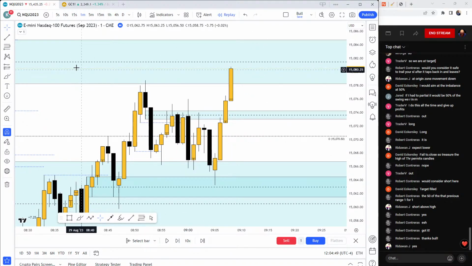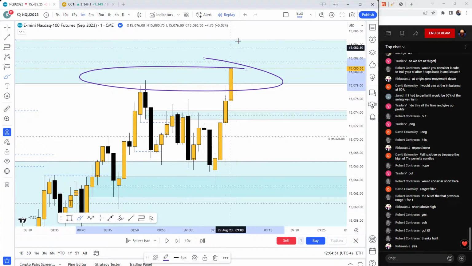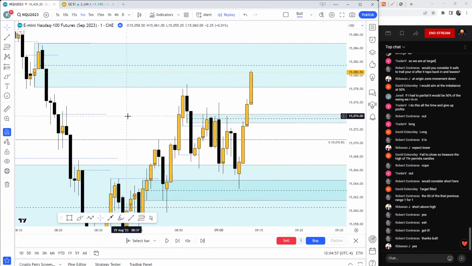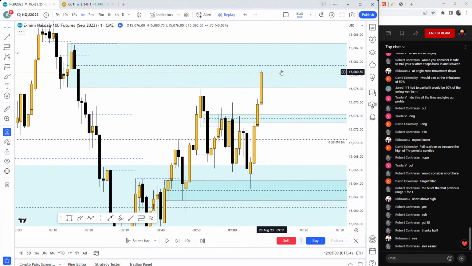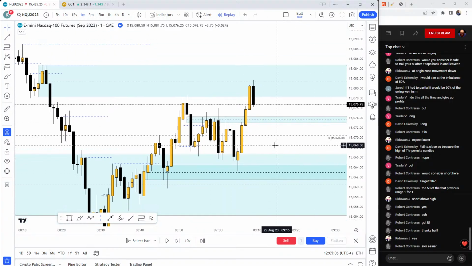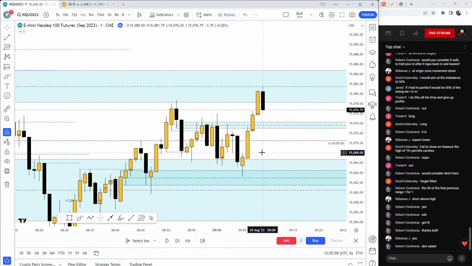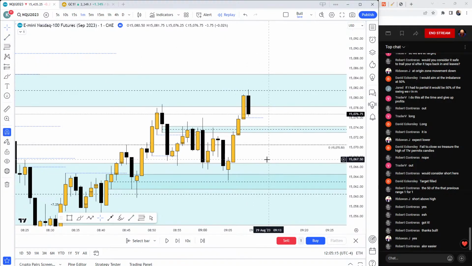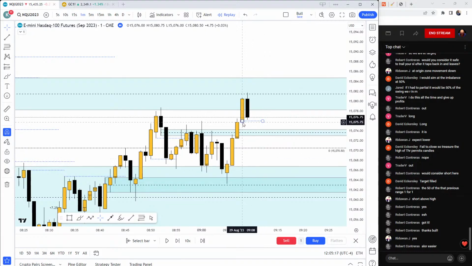Now, we didn't get a sweep, so I'm not looking short here. But there's a very strong possibility we tap back in again, if we fail here. Weird how the market moves, right? Now what you want, well, if you're long, you don't want to see a closure below this bar.